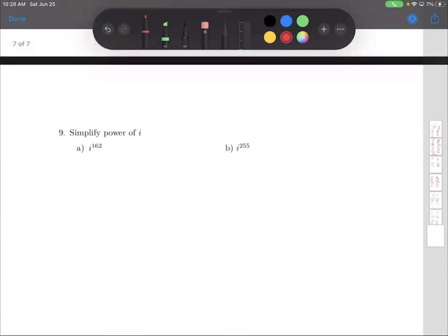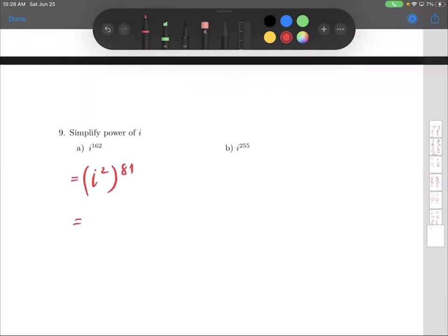The power of i, remember we're going to take the power and divide it by 2, if it is an even number. So inside the parentheses, I'm going to have i squared, and outside, if you take 162 divided by 2, 16 divided by 2 is 8, 2 divided by 2 is 1, so 81, right?